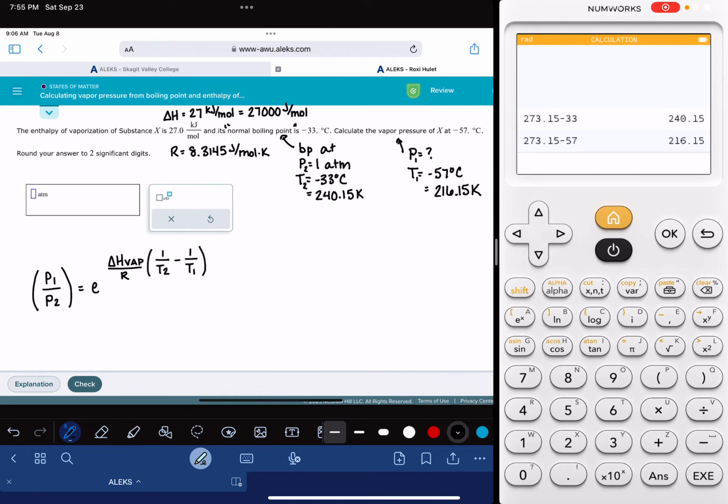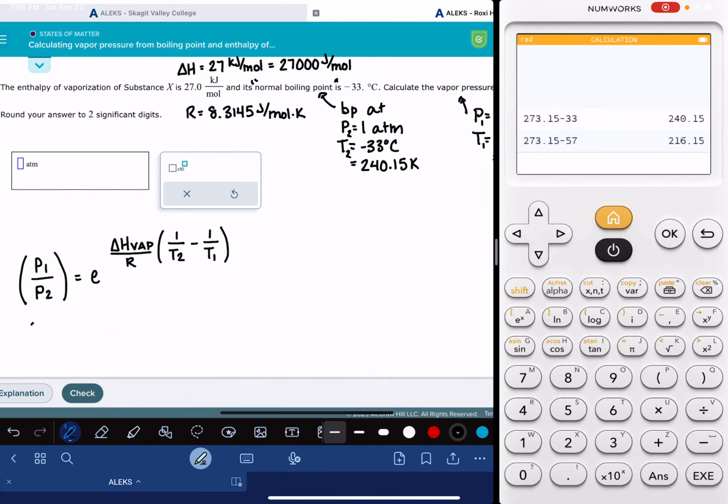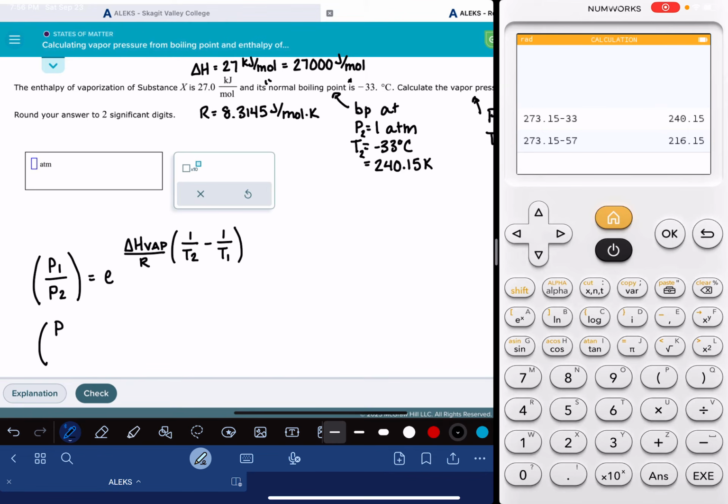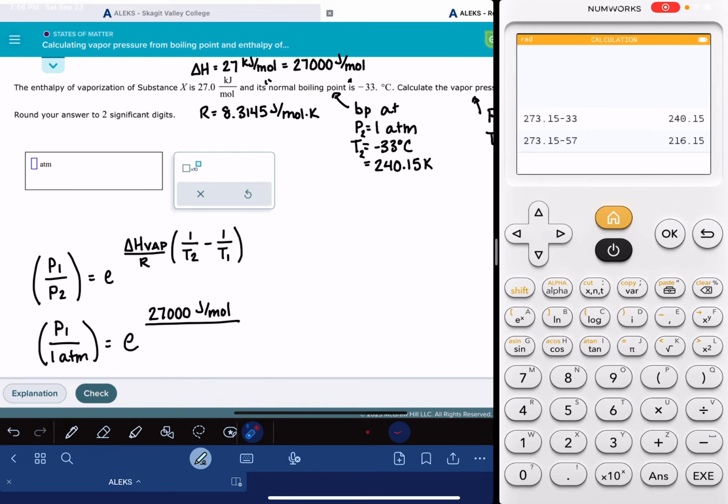So now that we've got all these variables identified, we can go ahead and start plugging stuff in. Our P1, that is our unknown. I'm just going to keep calling it P1. And the P2 is 1 atmosphere. And that is going to be equal to this exponential function here, the enthalpy of vaporization in units of joules per mole, not kilojoules per mole, 27,000 joules per mole, over the value of R, the ideal gas constant, 8.3145 joules per mole Kelvin.